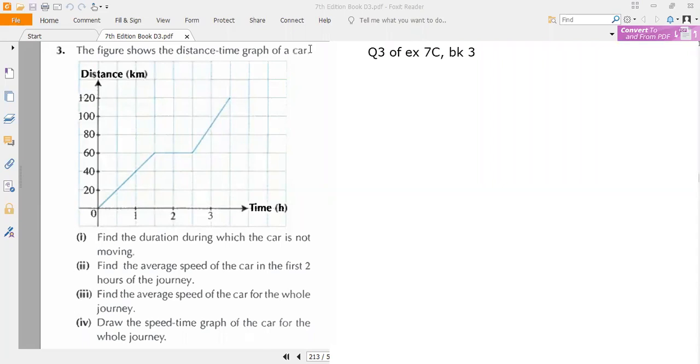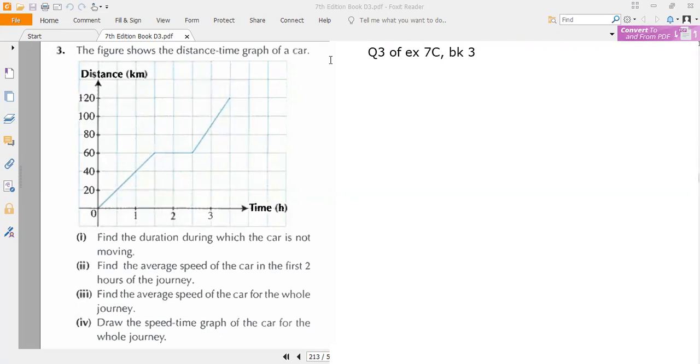What is the distance time graph showing us? That is already shown here. A tilted line, then a horizontal line, and then again a tilted line. This tilted line, as I told you in the start, shows constant speed.